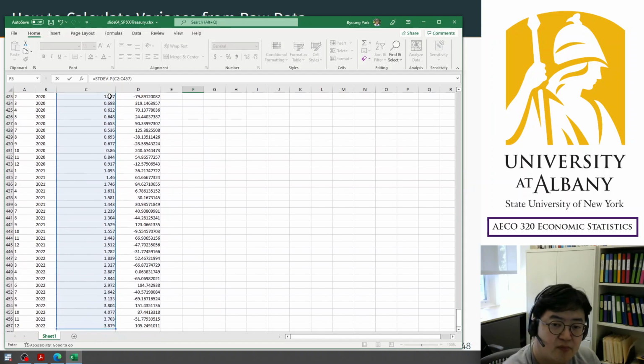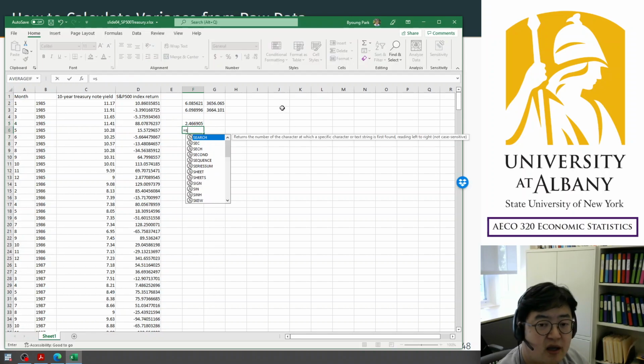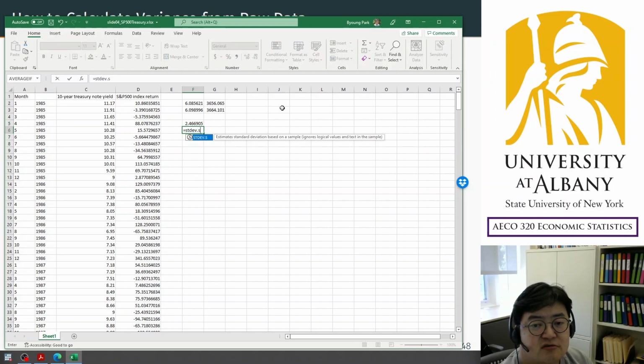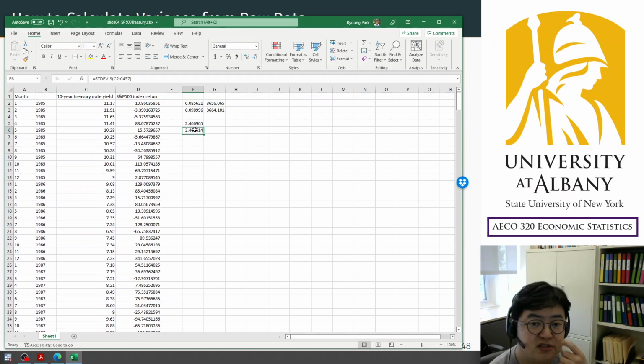So I calculated the standard deviation based on the population formula, and let's try the sample standard deviation. Also, they are similar but slightly different, right? This is the population standard deviation formula, and this is the sample standard deviation formula, right?